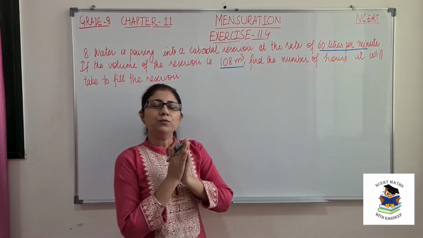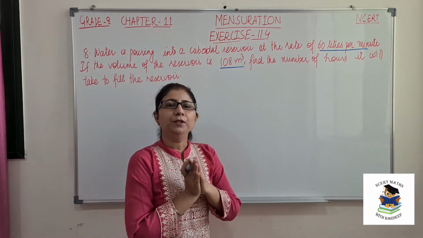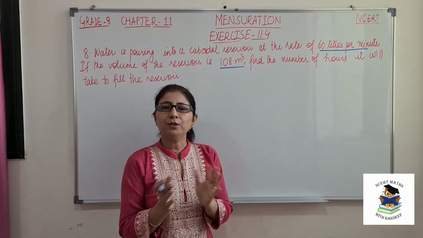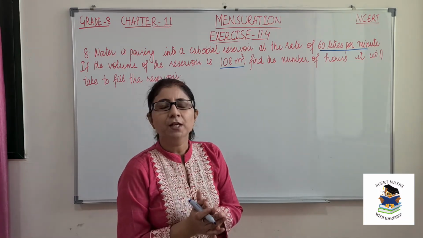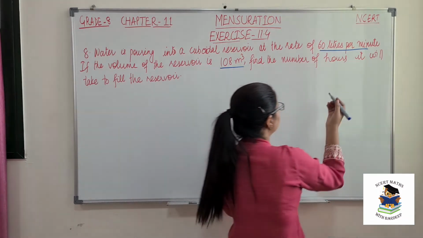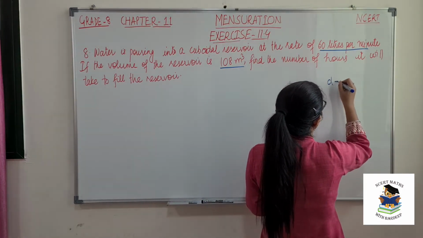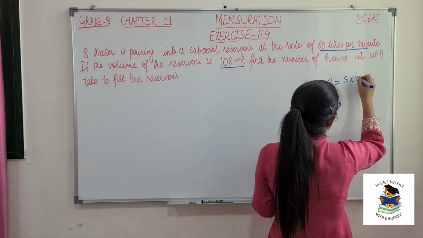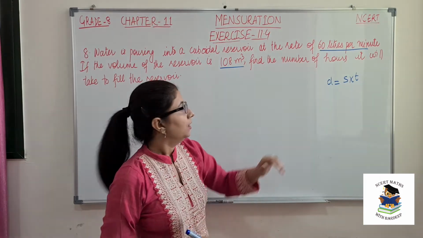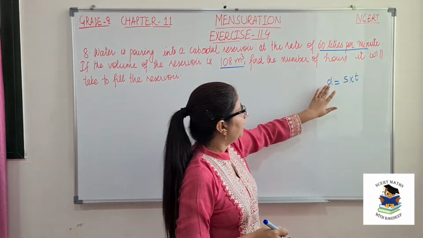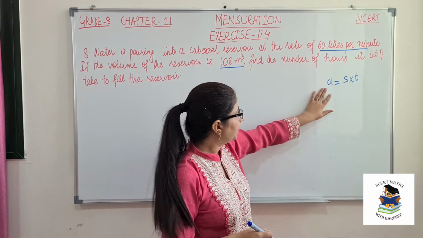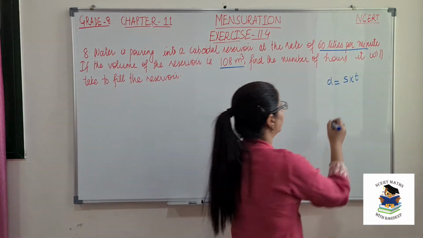You can relate this with same that you have done in your previous class, like the relation between distance and speed time. So how to find that? Just a recap. If we have to find the distance, this is always speed into time. So if you are given with the speed and you know what is the distance to be covered, so how to find the time?